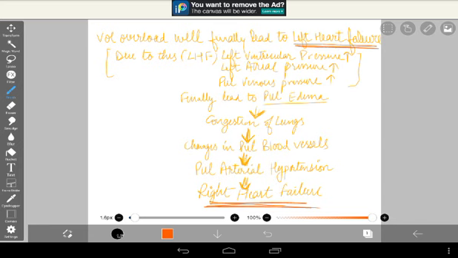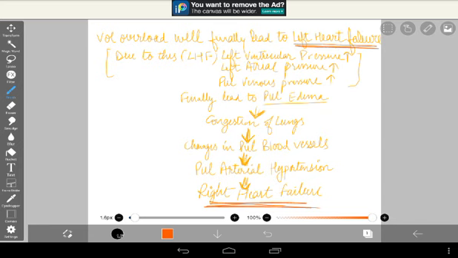Due to this left heart failure, left ventricular pressure increases, as we have studied in the left heart failure topic. The left ventricular end diastolic volume and end diastolic pressure increase, as well as the left atrial pressure.